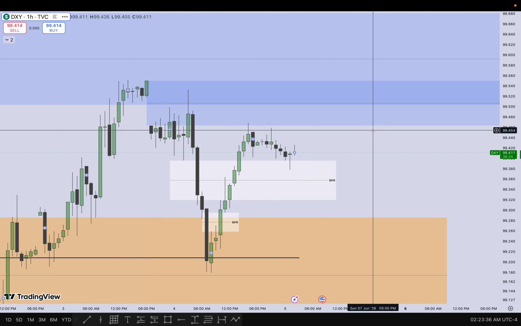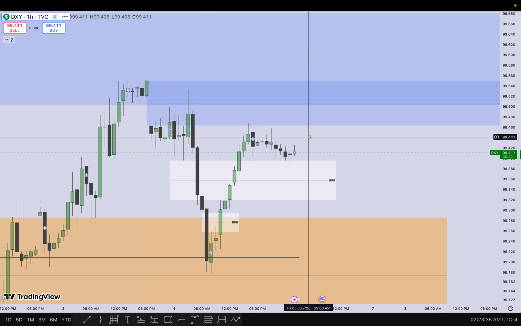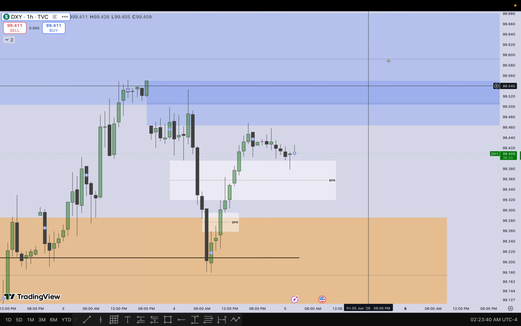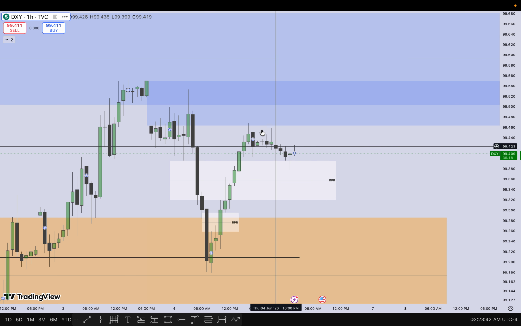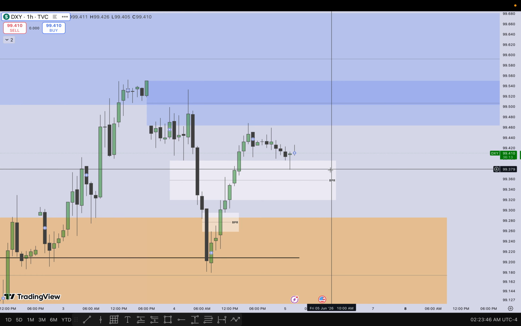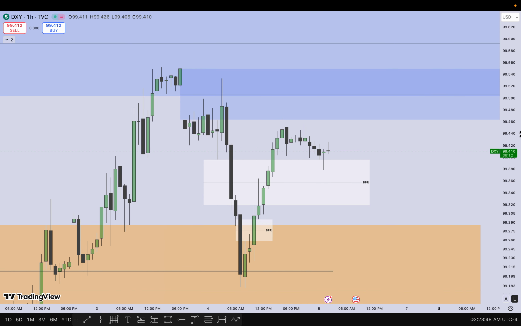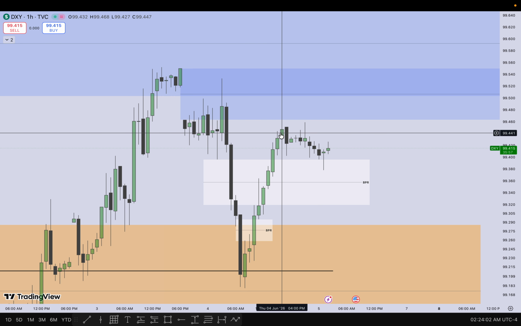Why did I say that? There are two narratives. Maybe the price can go upside, or else it should consolidate between this inefficiency and this BPR. Why? We have an NFP day today. Prior to the NFP, the price should mostly consolidate, or it should not have volume to move away, but the price has given a whole move today.